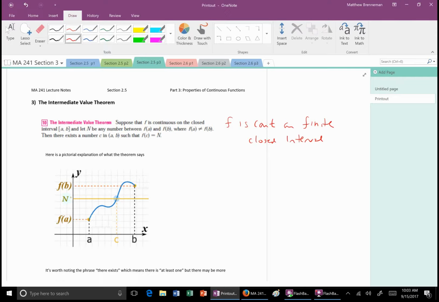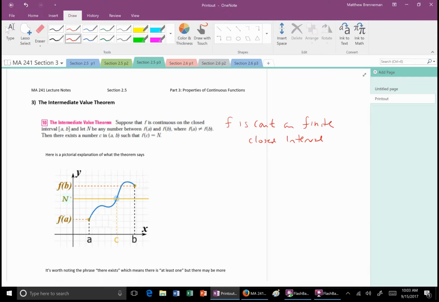If I have this condition satisfied, like this function here is continuous on a closed interval, the right-hand limit exists and is equal to the value of the function, the left-hand limit exists and is equal to the function.